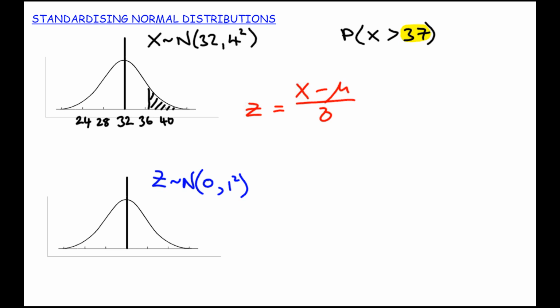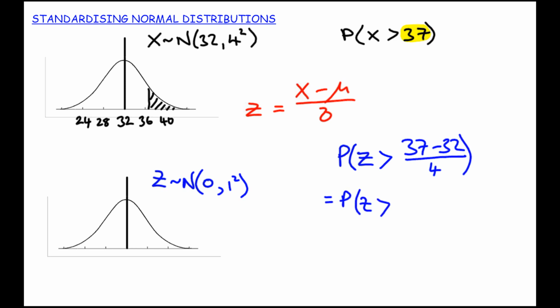So we say the probability, transforming into the Z distribution, the standardized distribution, is greater. We're going to use this formula to transform 37 into a Z score. That's 37 minus 32 all over the standard deviation of 4. That works out to be Z is greater than 1.25. 5 over 4, yep, greater than 1.25.